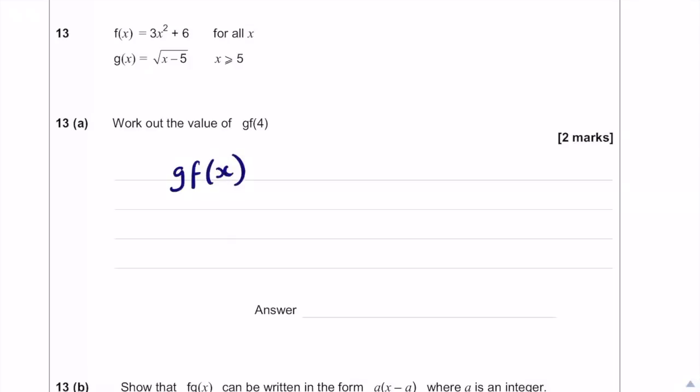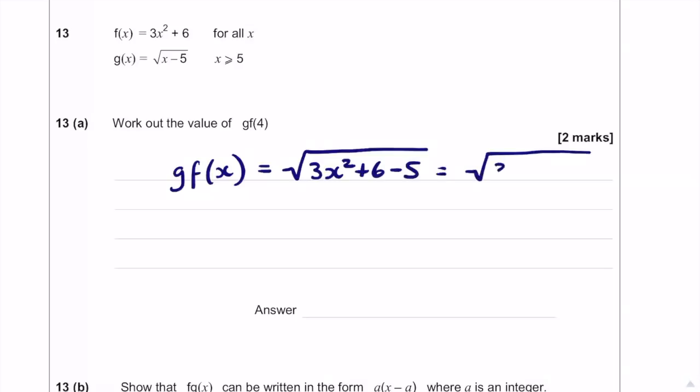So to work that out, we need to replace x in root x minus 5 with 3x squared plus 6, plus 6 minus 5. And this simplifies to 3x squared plus 1.